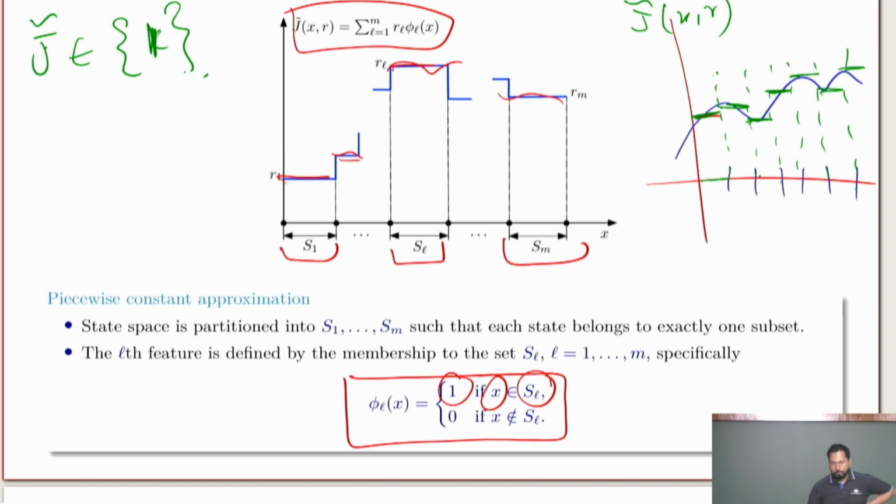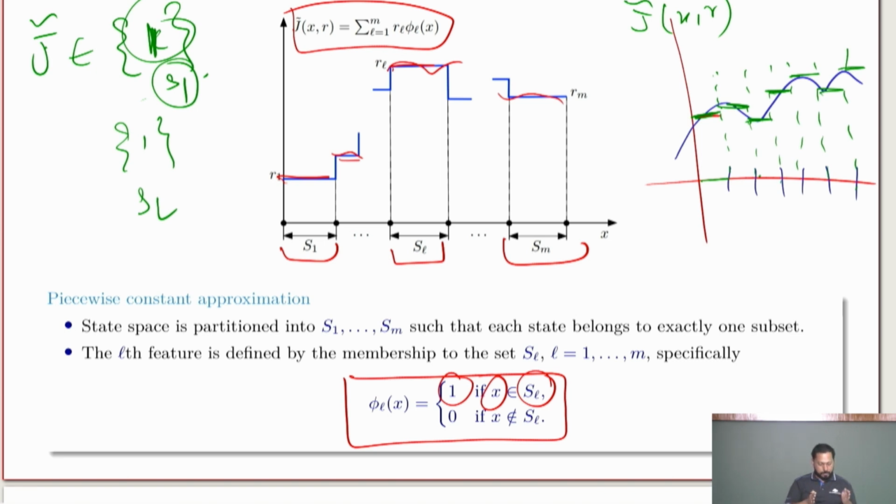But here the important thing to note is that we have a partition of the state space. So it's not like uniformly it's a span of these. It's a span of this one in set S1. It is span of one in S2. So it depends on the region where the state is.